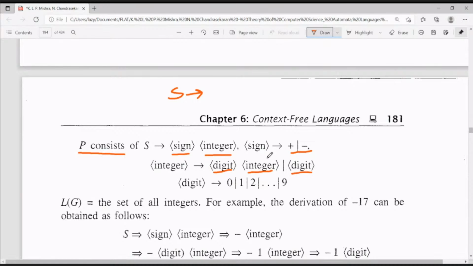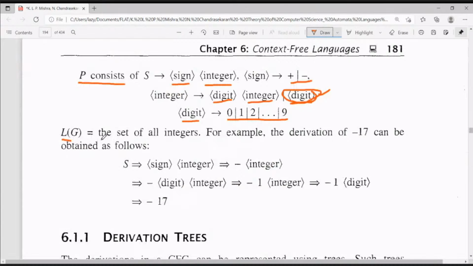If it is a single digit, applying this rule only once gives a single number. If you want two digits, you apply the rule twice and then replace integer by digit, and you get a two-digit number. Likewise you can continue. Digit can be replaced by the numbers 0, 1, 2, 3 up to 9.